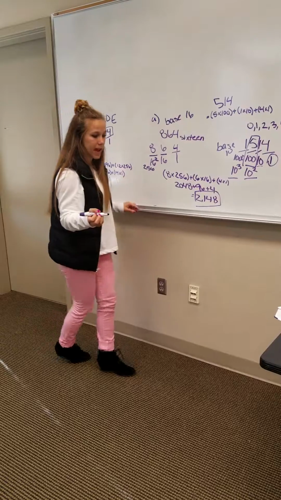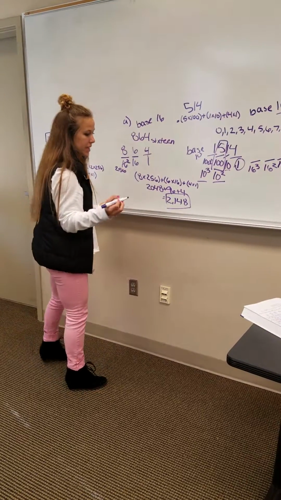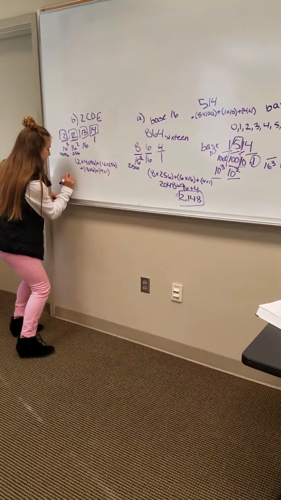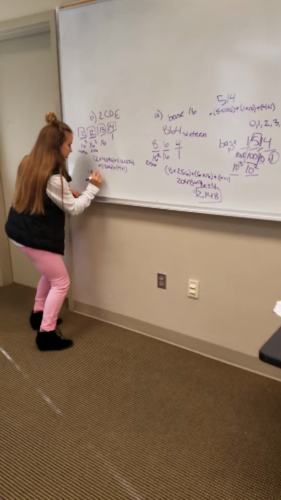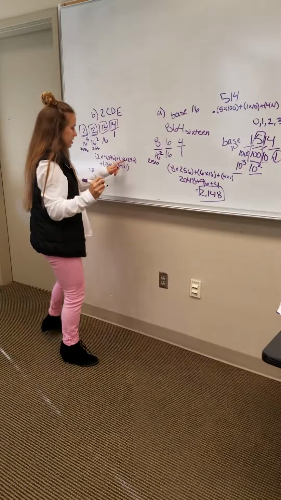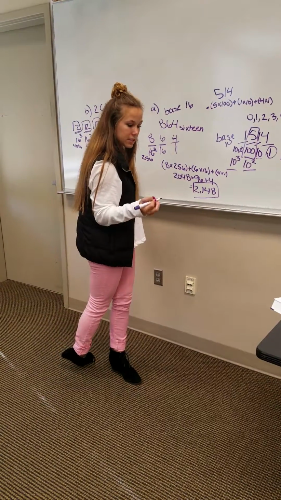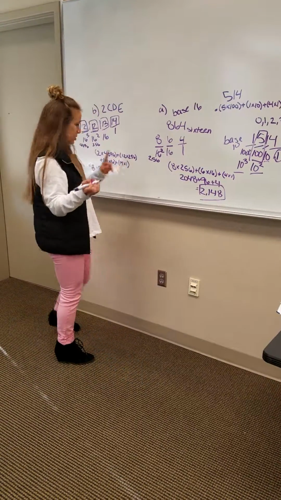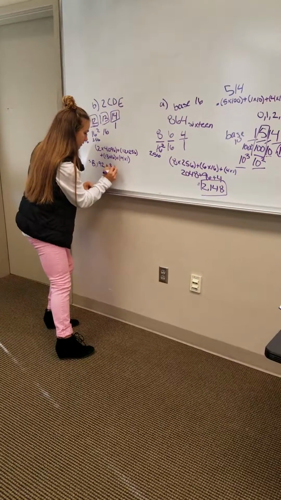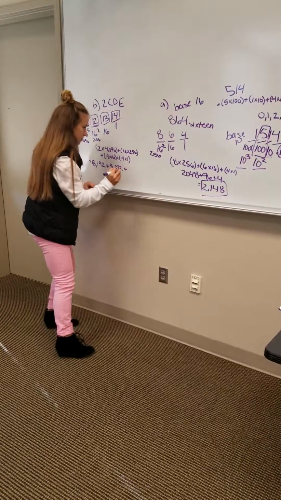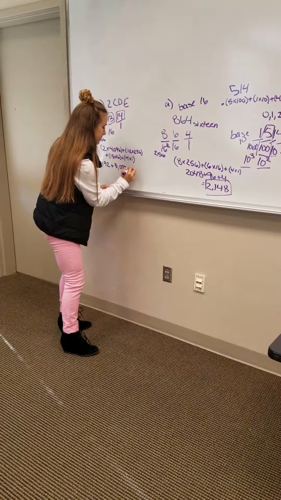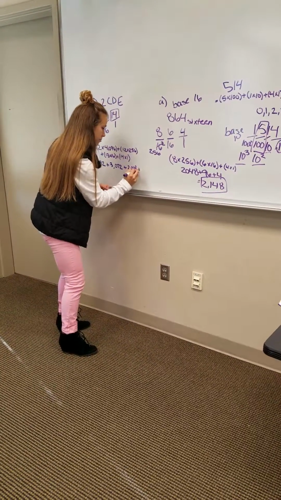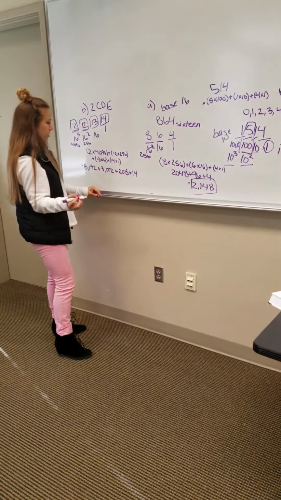Once we add all that up, we'll get 8,192 plus 12 times 256, which is 3,072, plus 13 times 16, 208, plus 14.